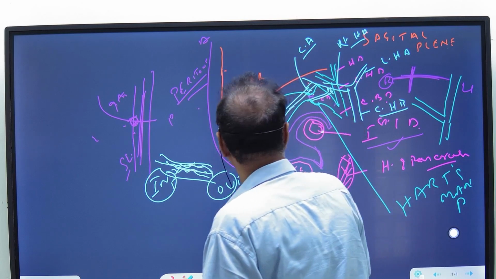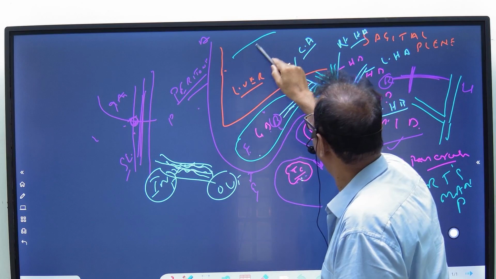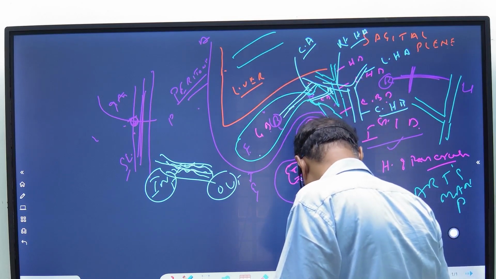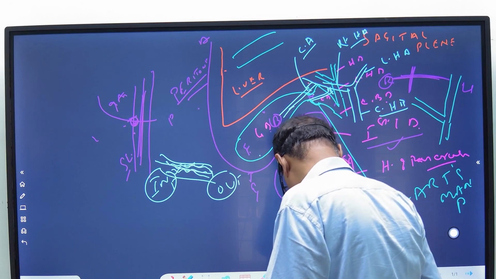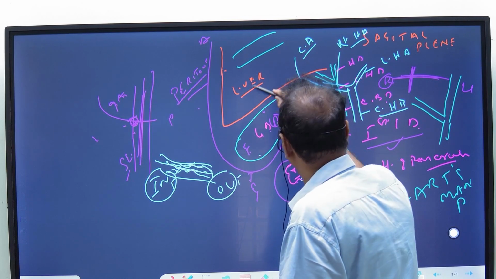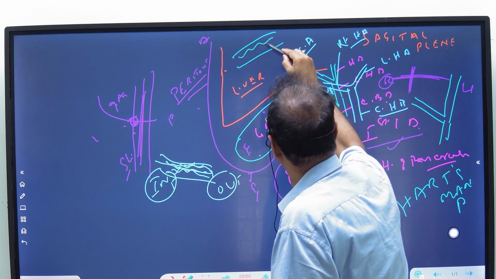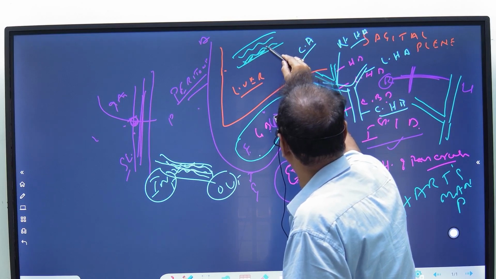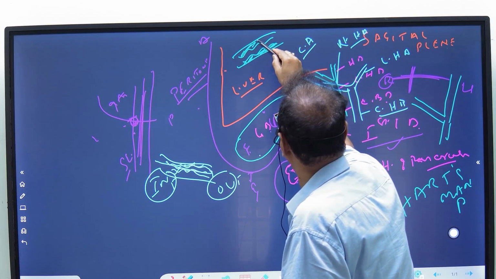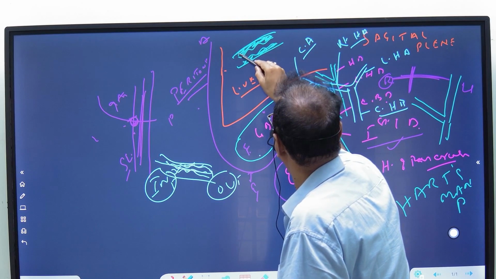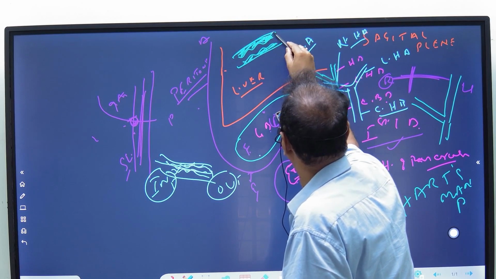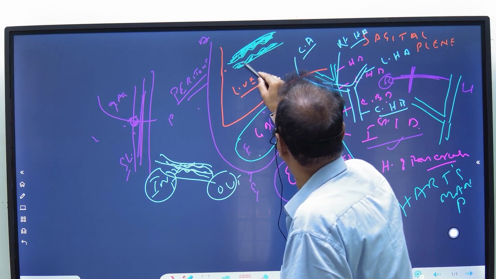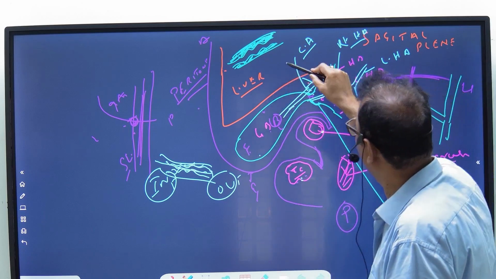This cystic duct, if you draw the cystic duct over here, we have got 15 to 20 spiral folds in the cystic duct.